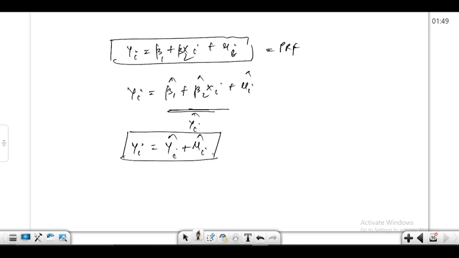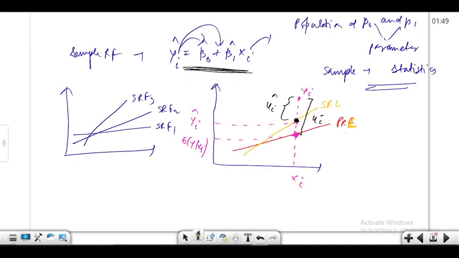This relation is true and it holds for a sample regression function. I hope this notation and this relation is clear, and I hope you understood what the sample regression function means, what its importance is, and how it is used to estimate the population parameters.